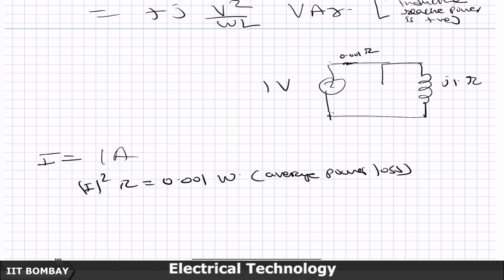Now, let us say this is your home, and this is happening because you are not really doing any work. So, the parasitic values are causing this. This is, let us say, the transmission line inductance. Now, who will pay for this 0.001 watts?